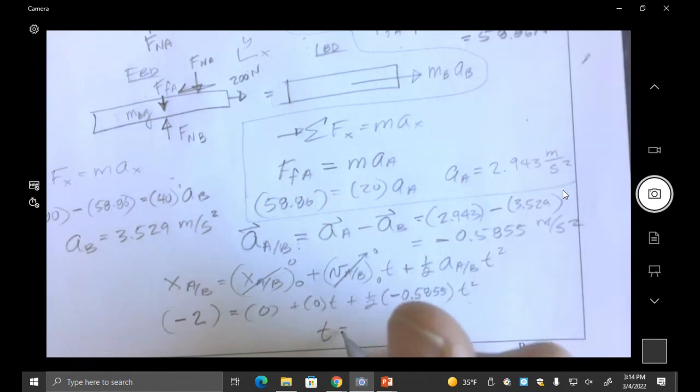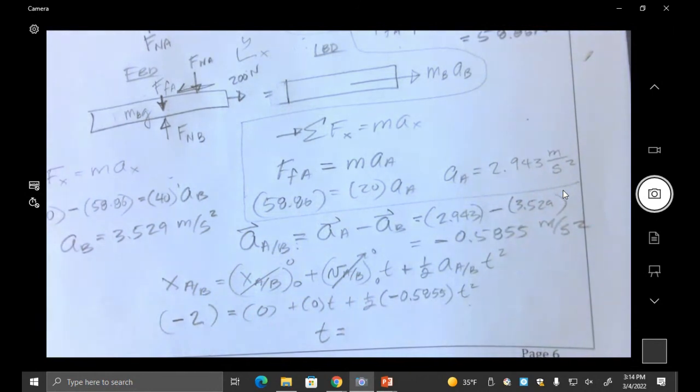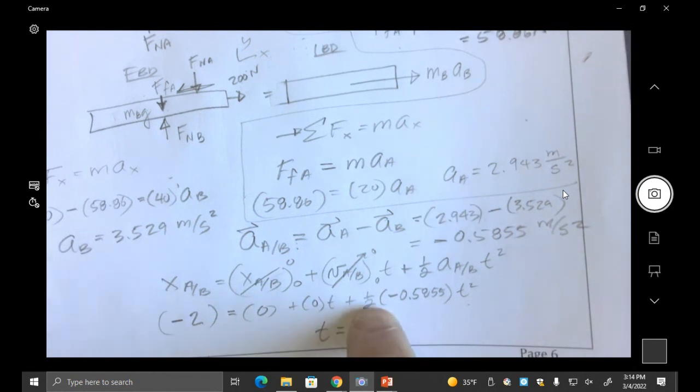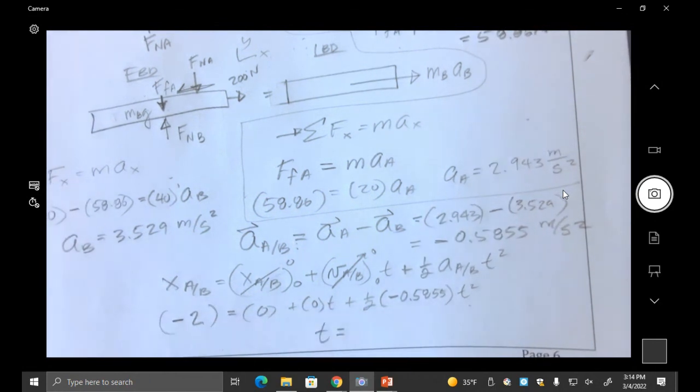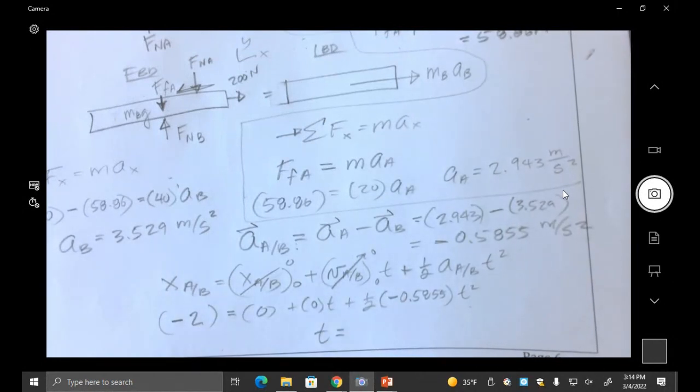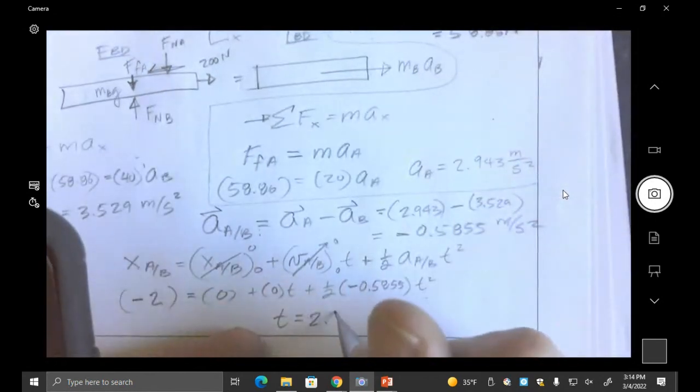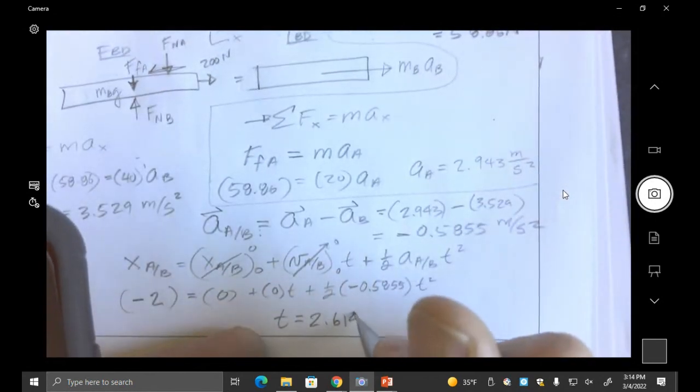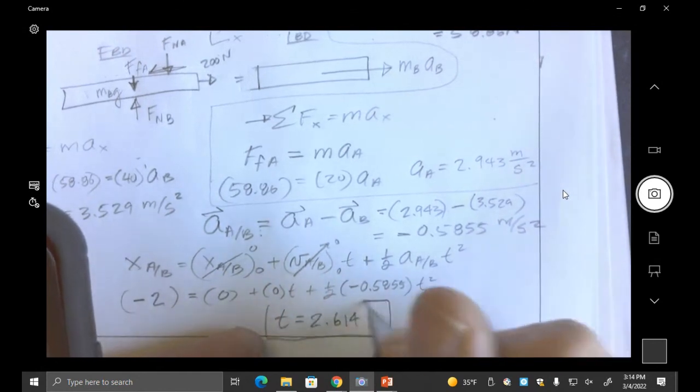We're going to divide by 2, multiply by 2, divide, and then take the square root, and we should find that the time is 2.614 seconds.